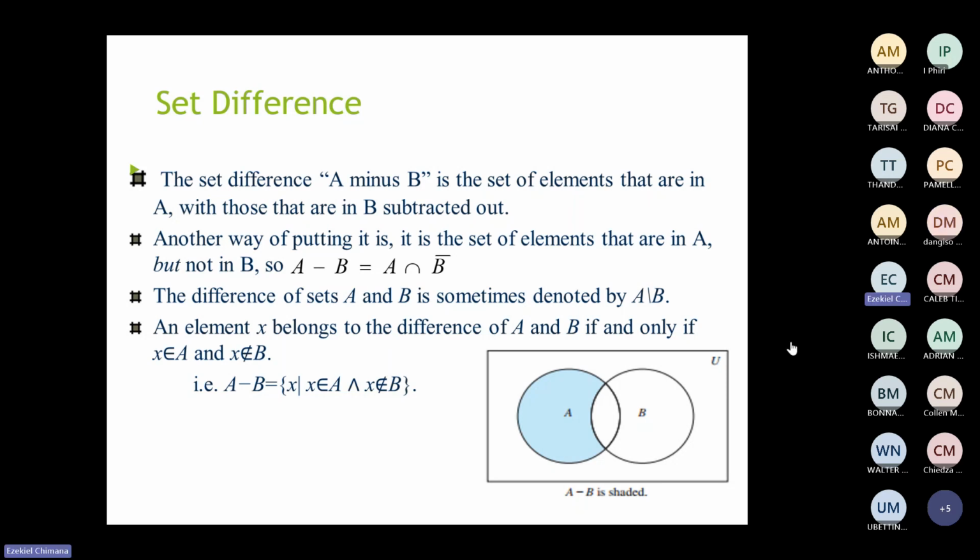Here on set difference, I think it's just as simple as what you are seeing on this Venn diagram.